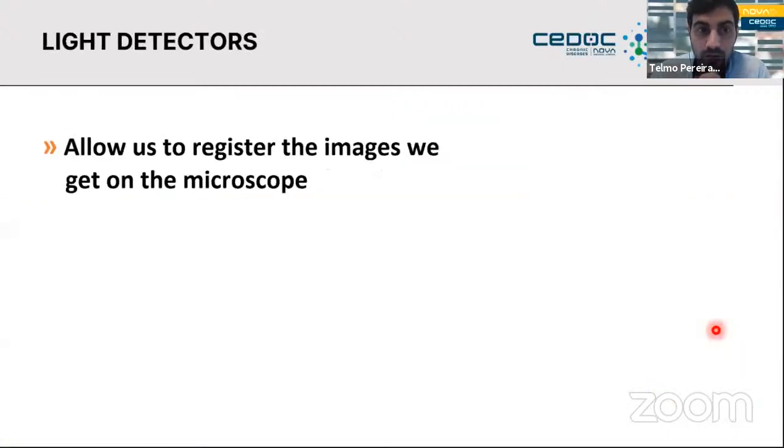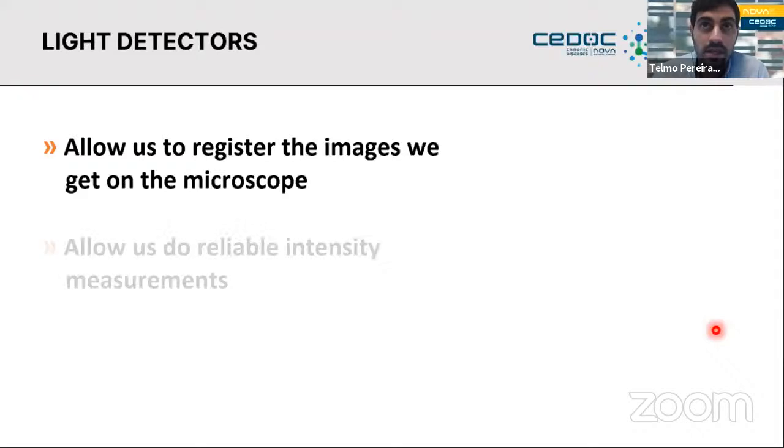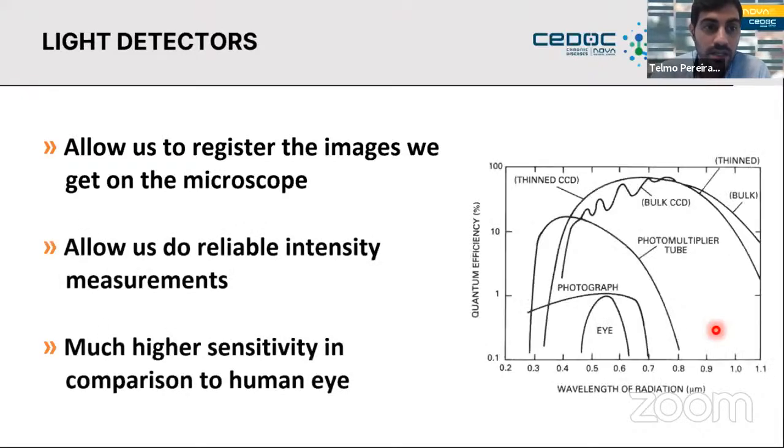So we need these light detectors because we cannot really trust our eyes. These detectors allow us to register the images we get on the microscope. They allow us to do reliable intensity measurements, and they are much more sensitive in comparison to the human eye.